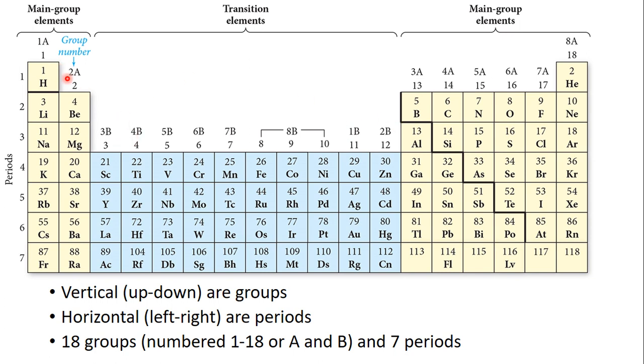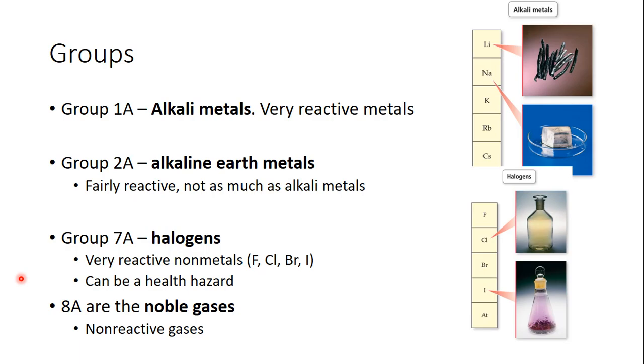Usually I stick to the A notation because in Gen Chem, a lot of the time we're considering the main group elements. Elements that are on the same row, we call those periods. So we have 7 periods and 18 groups.